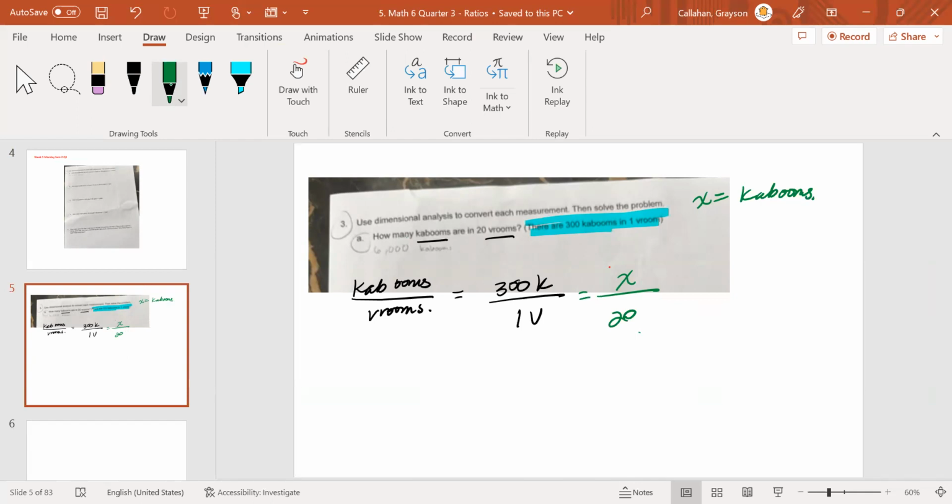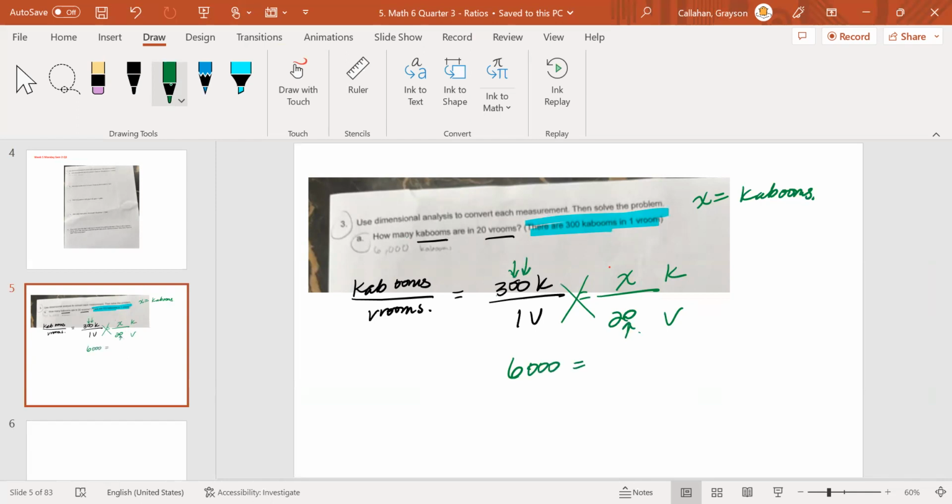So once we line everything up, remember, this is kabooms, this is rooms, right? We're going to cross multiply. So 3 times 2 is 6, and there's 1, 2, 3 zeros.